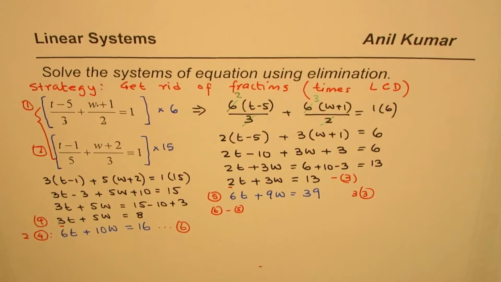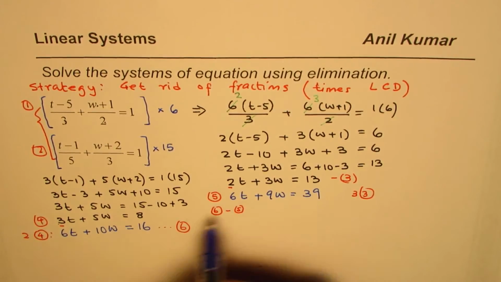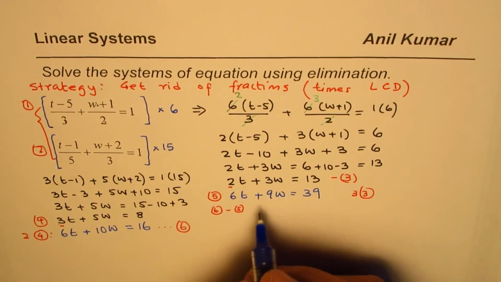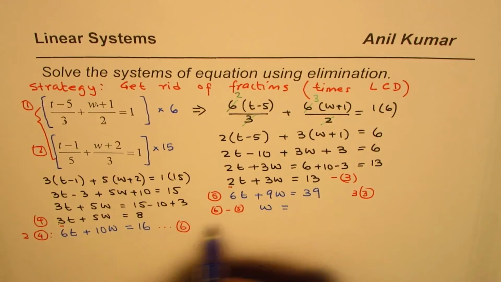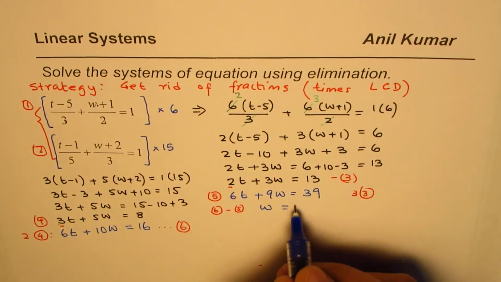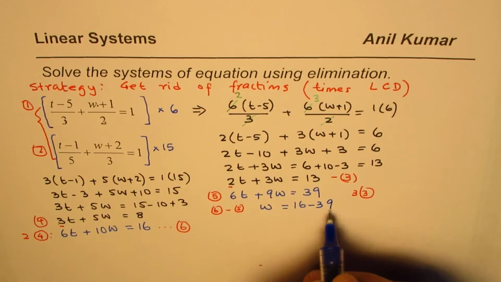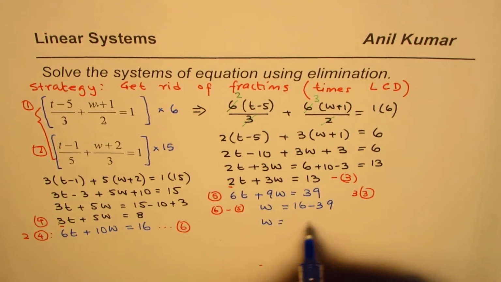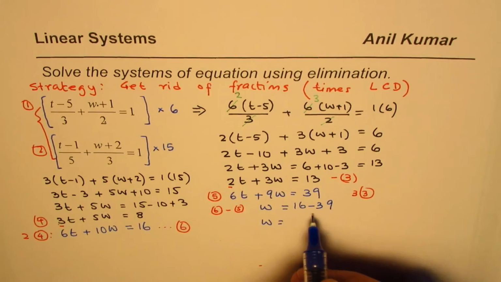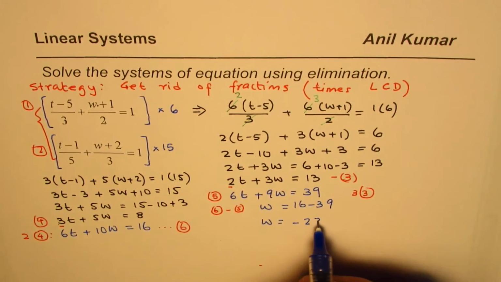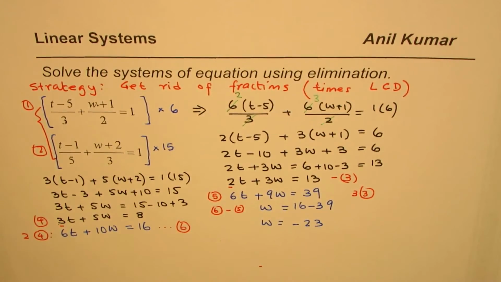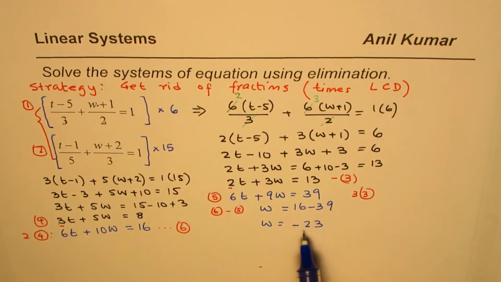Okay, so 6 minus 5: 6t minus 6t is 0, and 10w minus 9w is w. So we get w equals 16 minus 39. You can use a calculator: minus 23. Right, so that is what you get for w. This is a bigger number, 39 minus 16 is 23.